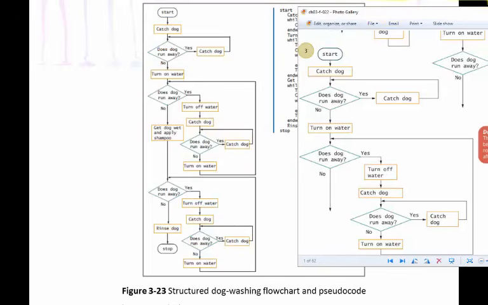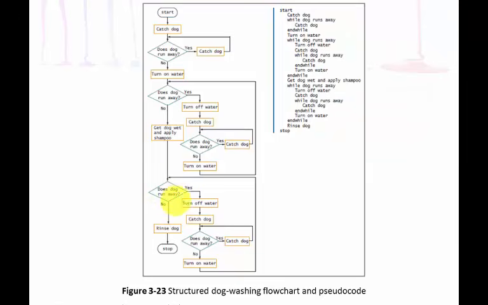What we actually have is we're going to now get the dog wet. And does the dog run away when we get the dog wet? Yes, we do the same process, this entire same process here. We nest this entire processing structure here. We nest it within here again. And dog wet and apply the shampoo. We rinse the dog and we stop.